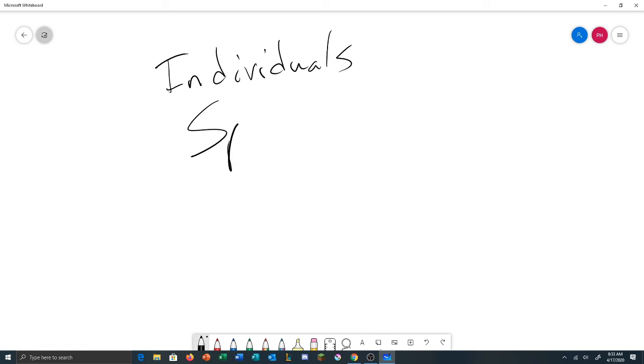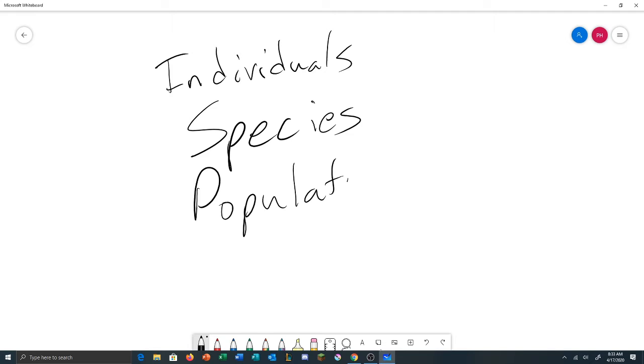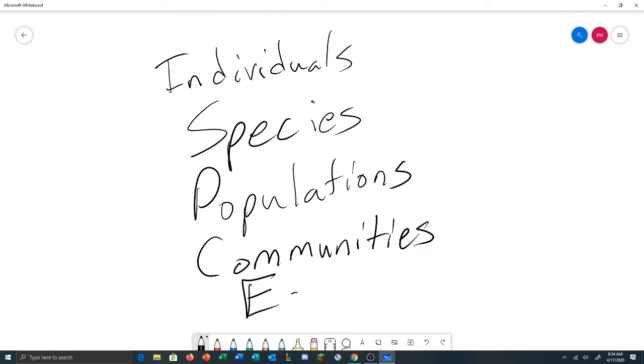If you go back to what we did before, where we talked about individuals, species, populations, communities, an ecosystem, all of these things go from the smallest to the biggest.